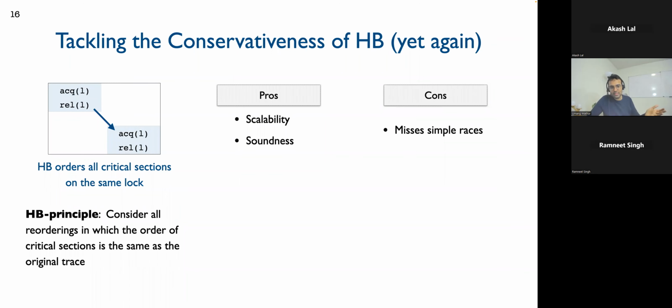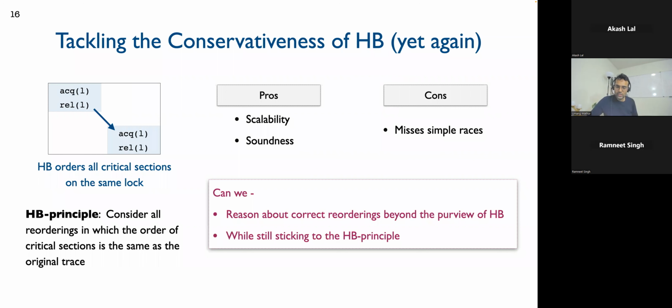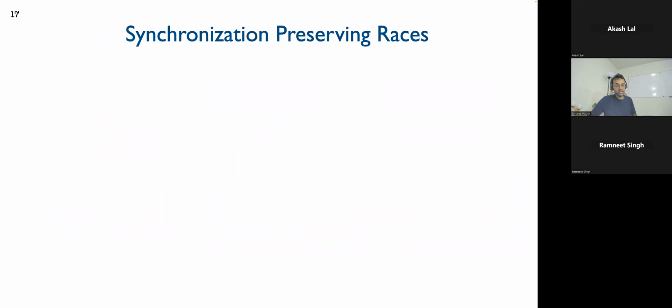And the core principle that gave you scalability was that all critical sections of the same lock were ordered. So if you are at a critical section, you order all the previous critical sections before it. And so the question that we ask here is, can you use the same principle, but slightly differently, and still get better prediction power than happens before? And the answer is yes.